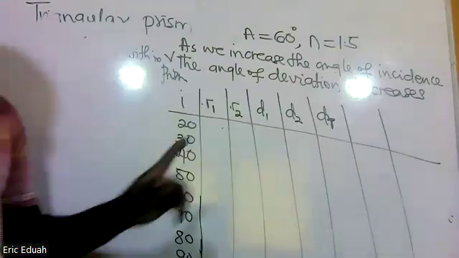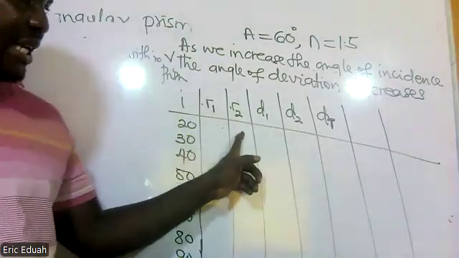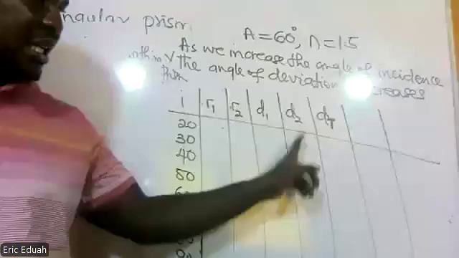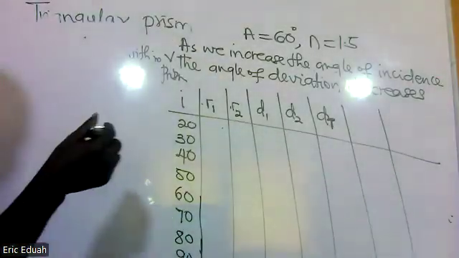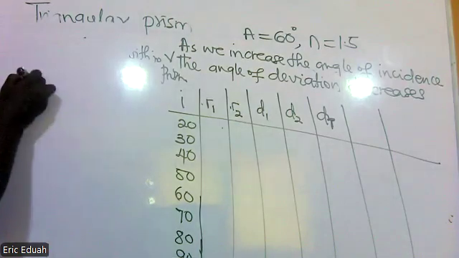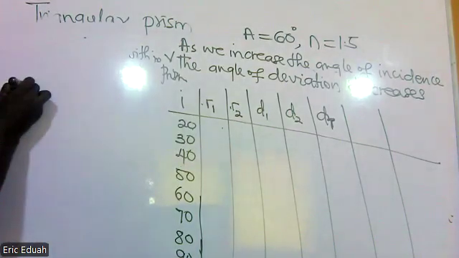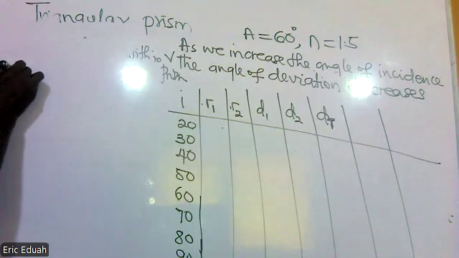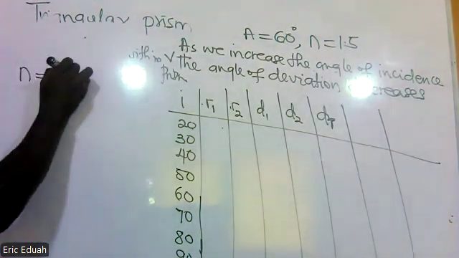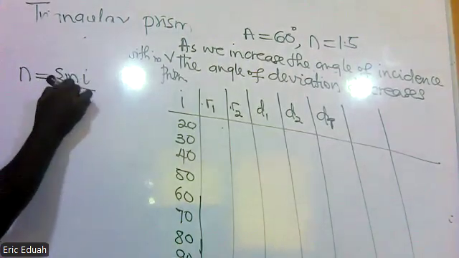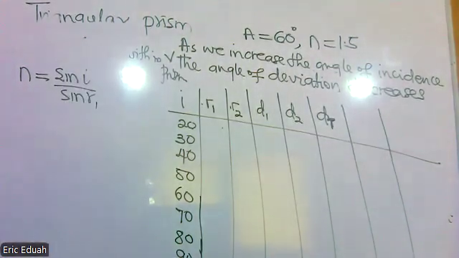We are to determine the first angle of refraction, second, then the first deviation, then calculate the total deviation. So if I is 20, using Snell's law, sine I over sine R1.